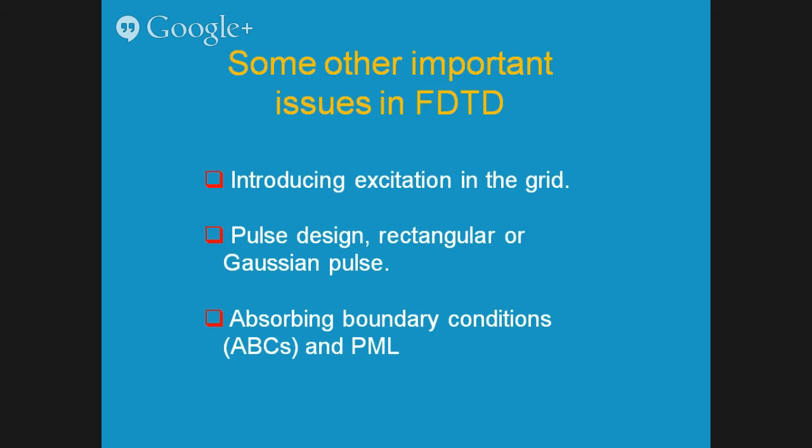We have not talked about the pulse design, how to design the rectangular pulse, or normally we prefer the Gaussian pulse, because there is a lot less wastage of the frequency components. We are only addressing the important frequency region. But if you go to the rectangular pulse, then you will be unnecessarily collecting information for those frequency components which you are not using at all.